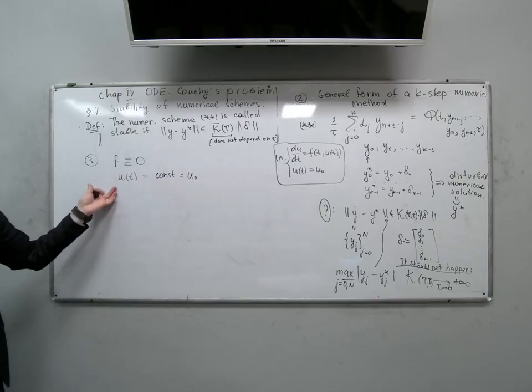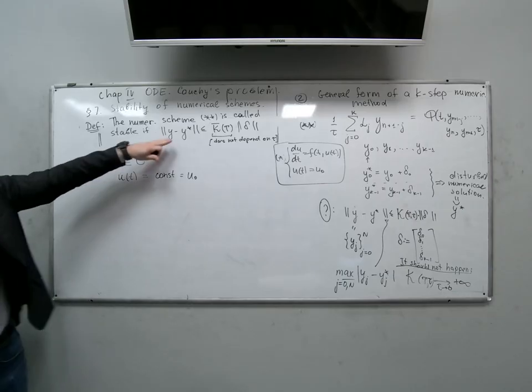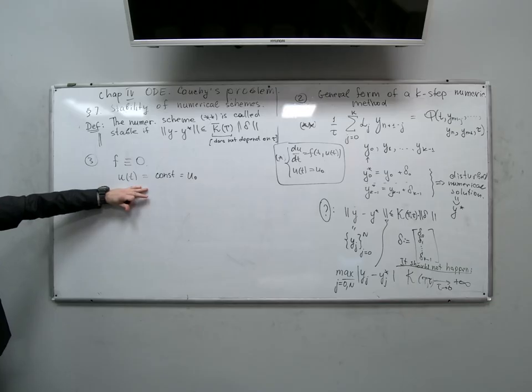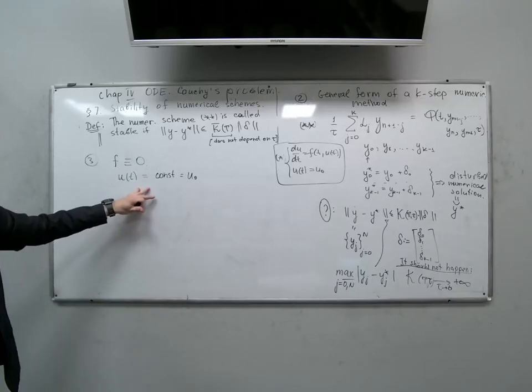So if the scheme is so bad that it cannot preserve this property for the simplest problem, we can say up front that there is no point in considering such a scheme. If it cannot ensure that the constant solution remains a constant solution forever, the scheme is bad, definitely, right?